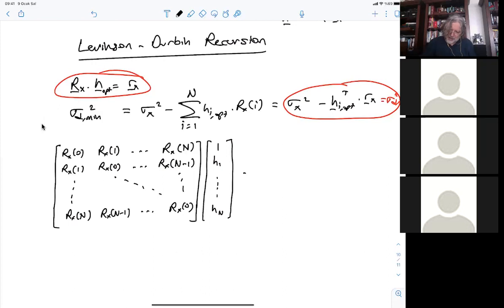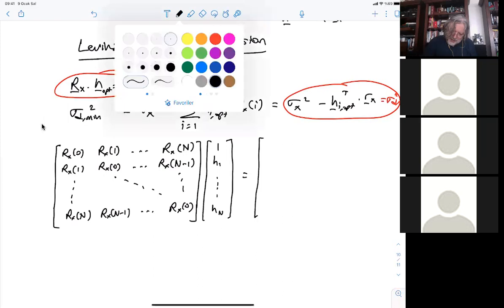Okay, and that will be equal to, normally this is equal to 0, but that equal 0 part is, maybe I should draw it like this.